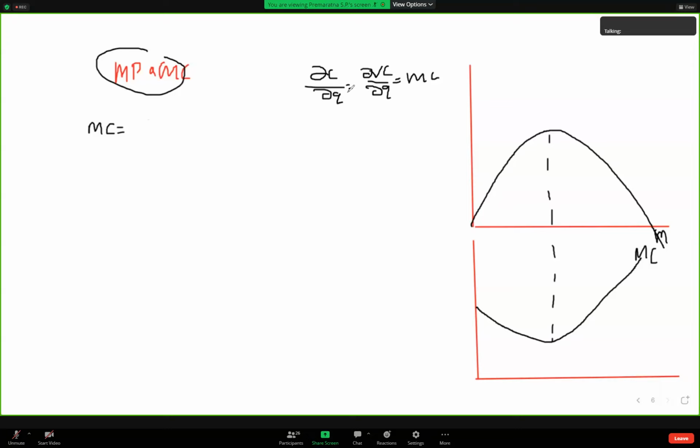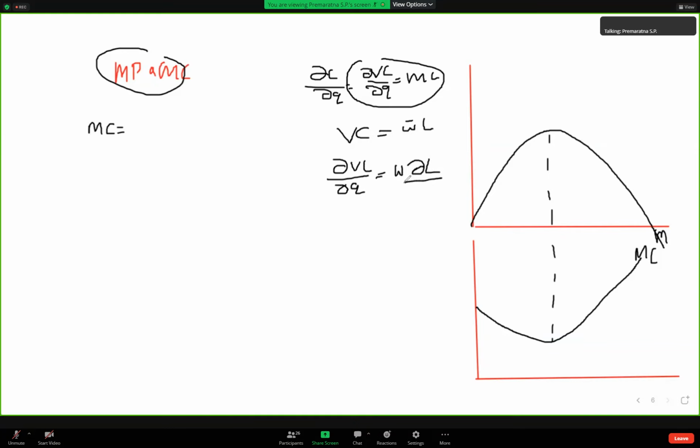We know variable cost is W times L. I'm going to differentiate this with respect to Q. When you do, W is a constant term, so it is carried over because it is not affected by differentiation.